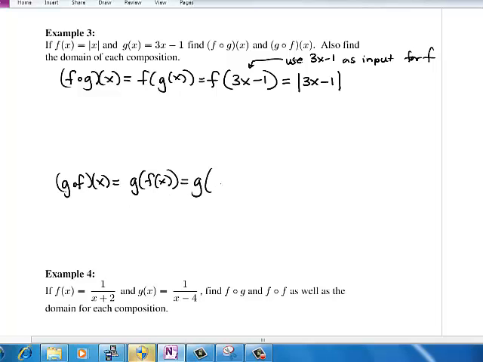Leave g, and then replace f with its formula, or its pattern, which is absolute value of x. And then this says use absolute value of x as the input for g. So we'll have 3 times the absolute value of x minus 1.